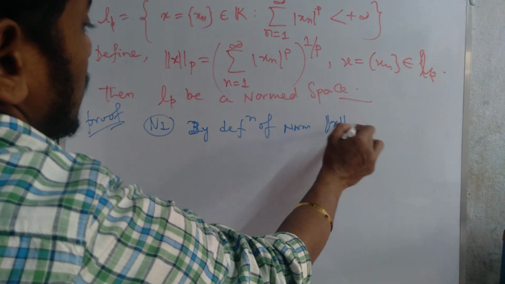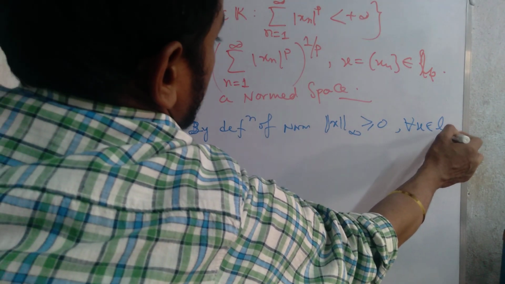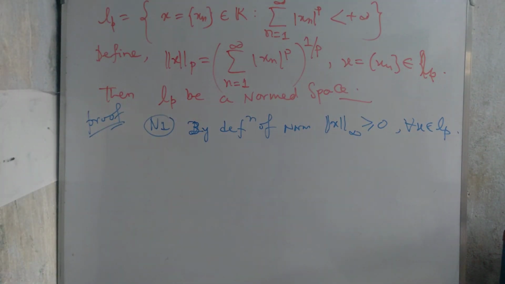Norm ||x|| is greater than or equal to 0 for all x belongs to l^p. That means, what is ||x||_p equal to?